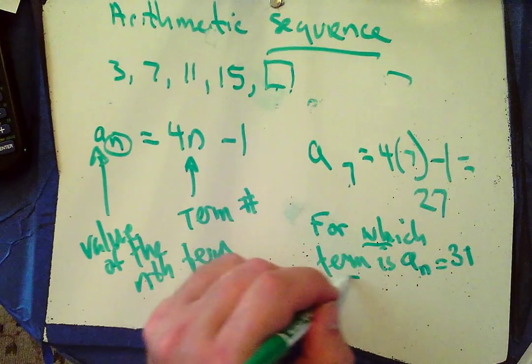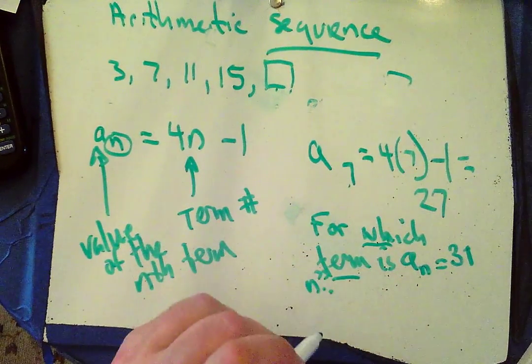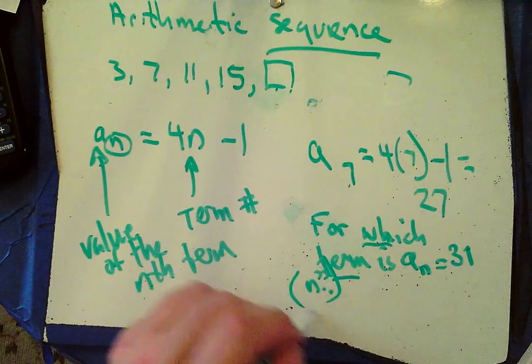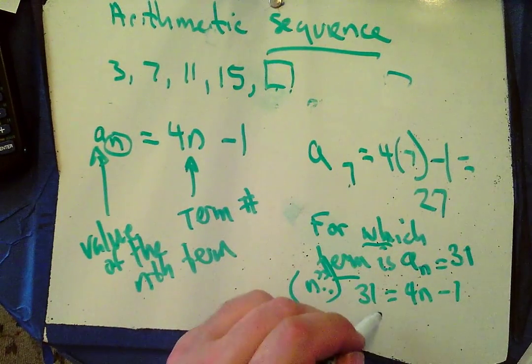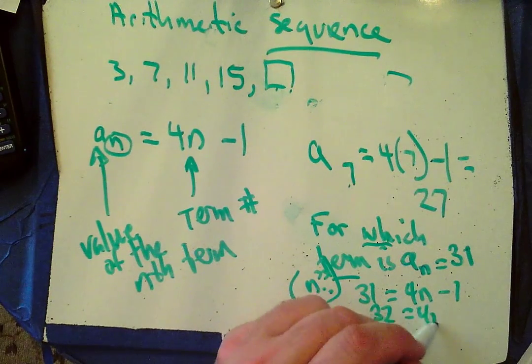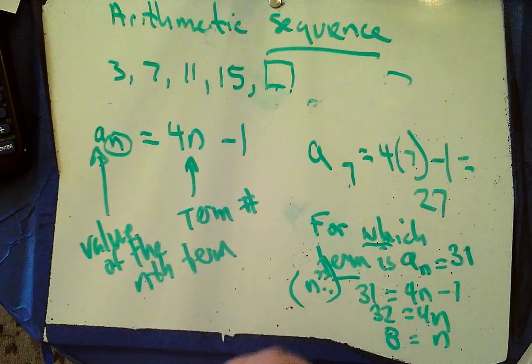When we say which term, we want to find an n value. Okay, so I'll do 31 equals 4n minus 1. 32 equals 4n, 4n equals 8. The eighth term has a value of 31.